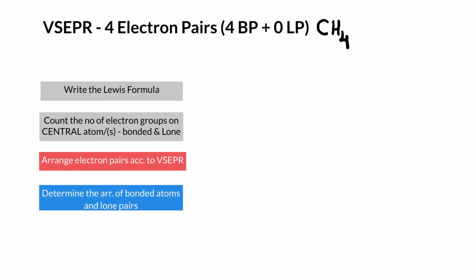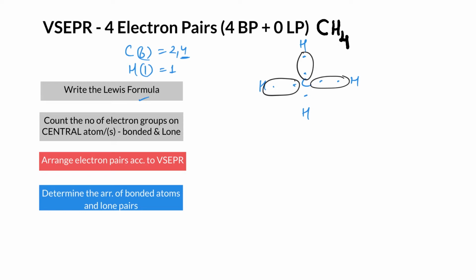Let's tackle the molecule CH4. Now this is pretty easy. Carbon, we know the atomic number is 6 and hence it's 2, 4, so 4 valence electrons. Hydrogen, atomic number 1, valence electrons 1. So the first step is pretty simple. Let's write 4 valence electrons of carbon, write the valence electrons of hydrogen, and there we have 4 electron groups, right?